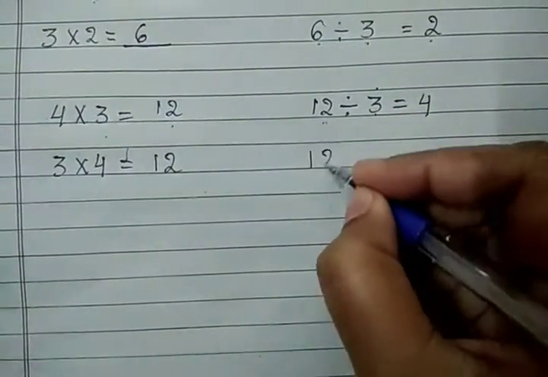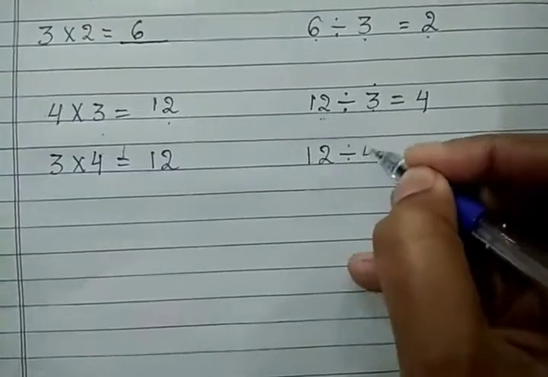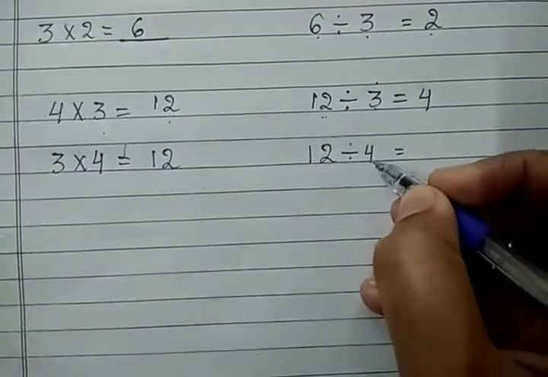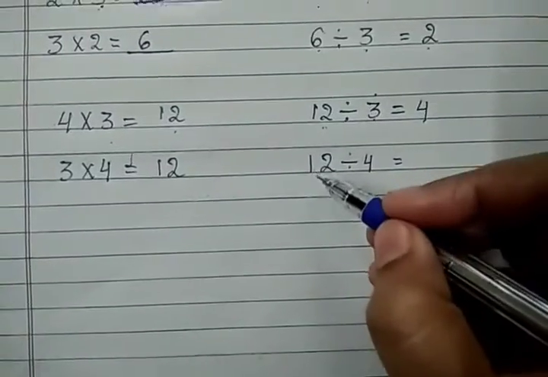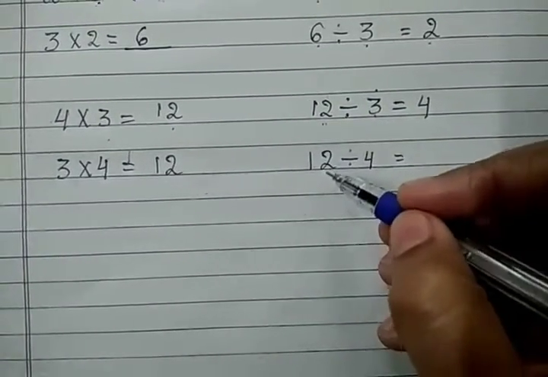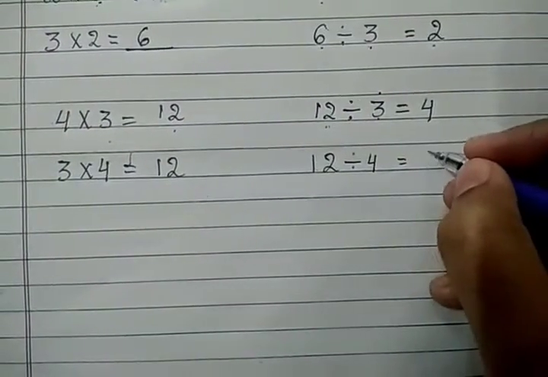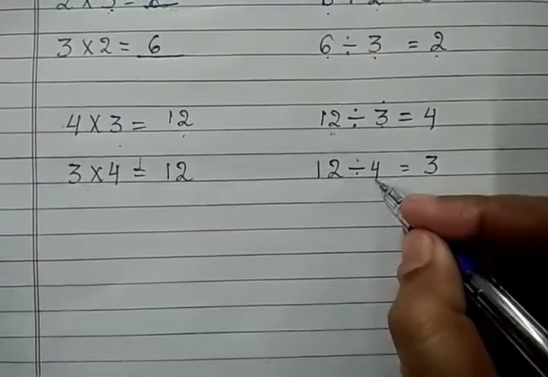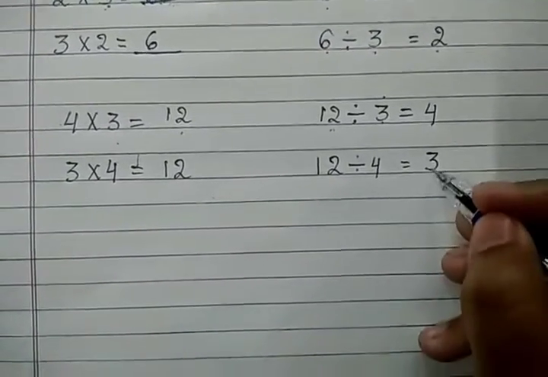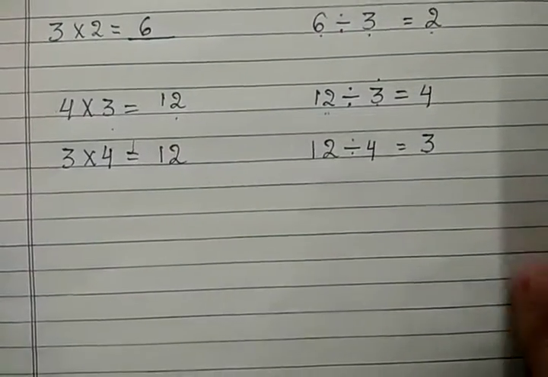Next, if we have to divide this by 4, then we will read the table of 4 and check at what number of times 12 comes in 4's table. 4 1s are 4, 4 2s are 8, 4 3s are 12. So this comes at 3 times.